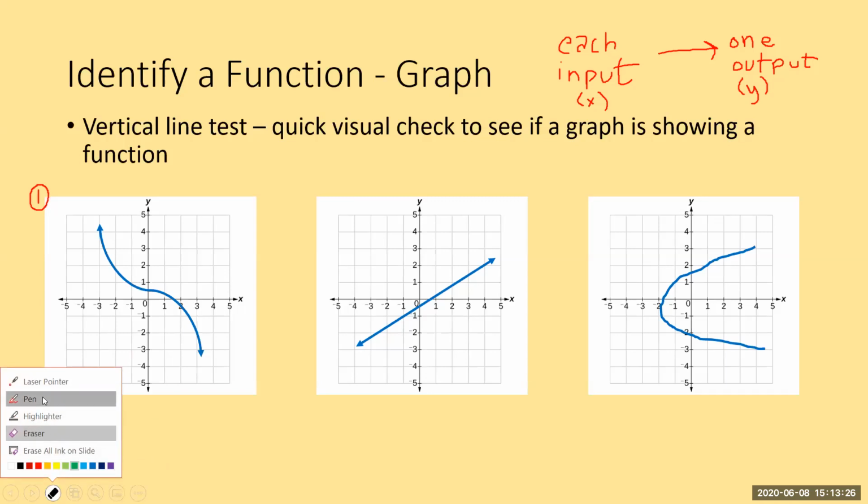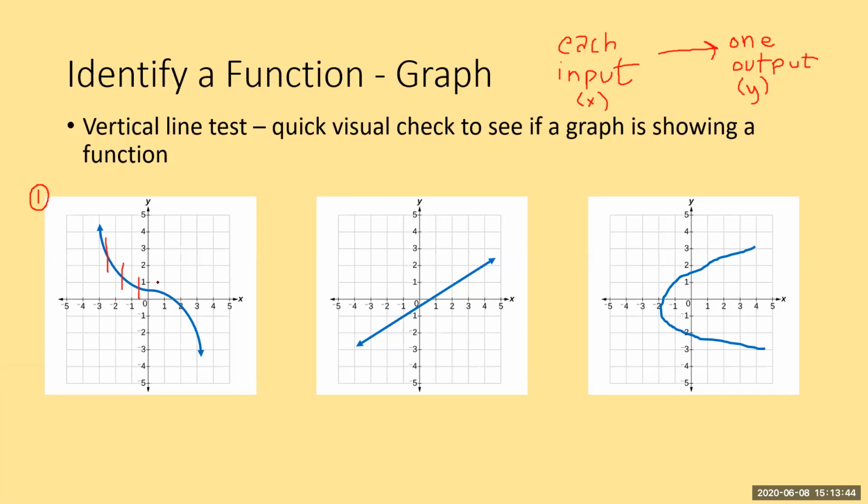You can either actually write this on your paper or you can just visualize it in your head: we imagine drawing a vertical line through the graph in multiple places.